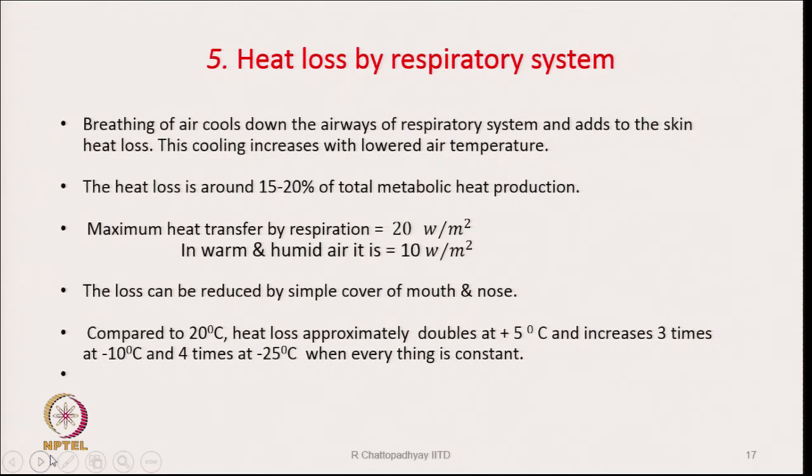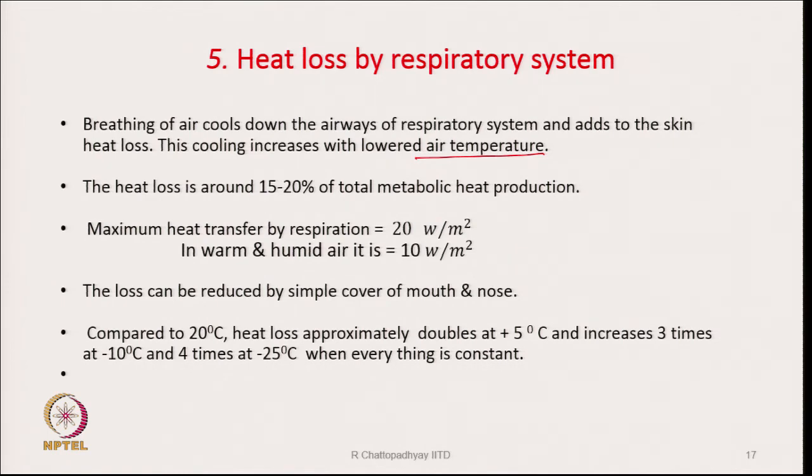This cooling increases with lowered air temperature. If the temperature of the outside air is lower than the body temperature, then while we are inhaling, cold air goes inside the body, gets warmed up there, and warm air is exhaled. So, in that case the body is going to cool down.